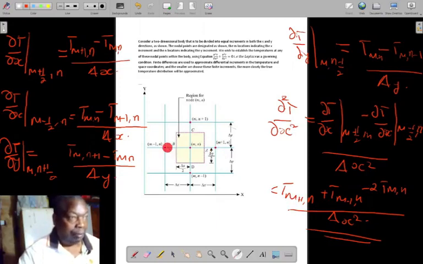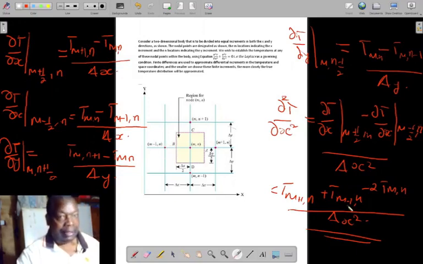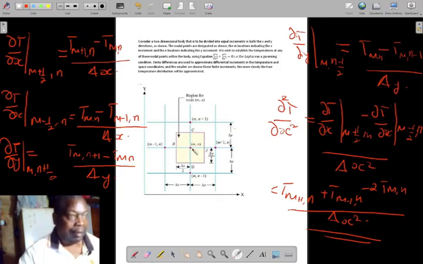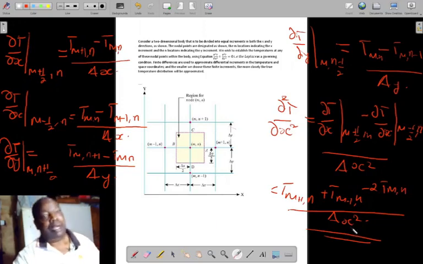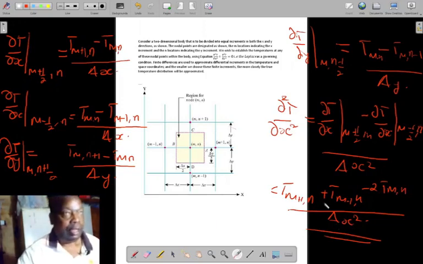And that will be our f(i-1), this one here, which is T(m-1, n), minus 2f(i), and f(i) is T(m, n), so 2T(m, n), divided by delta x squared.